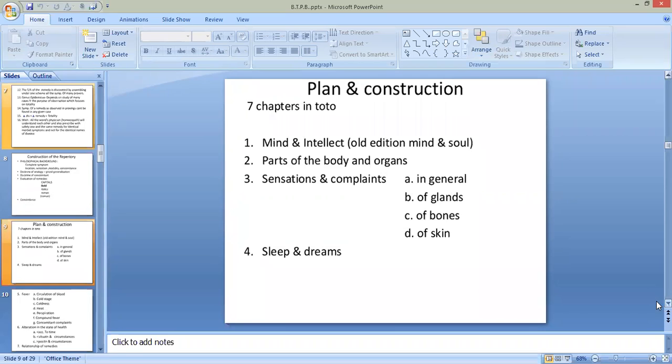So remember, in the original work of Dr. Boenninghausen, there are only 126 remedies. Then Dr. T.F. Allen deducted 4 remedies from those 126 remedies, and he added about 220 remedies. So the total number of remedies in Allen's edition, which we are using nowadays, is 342.